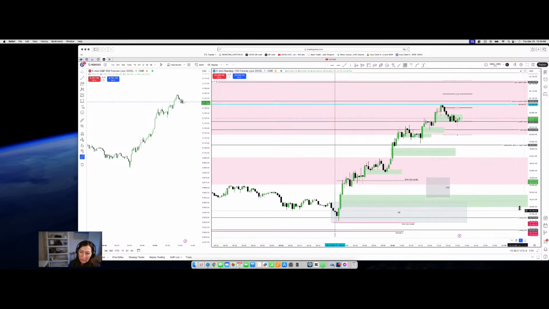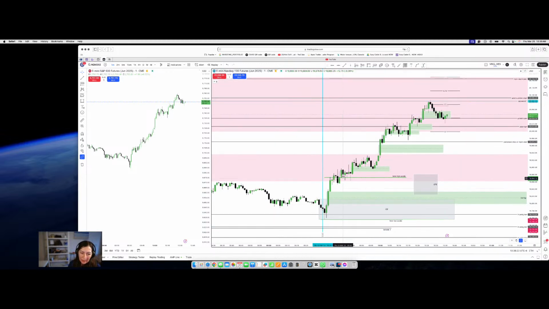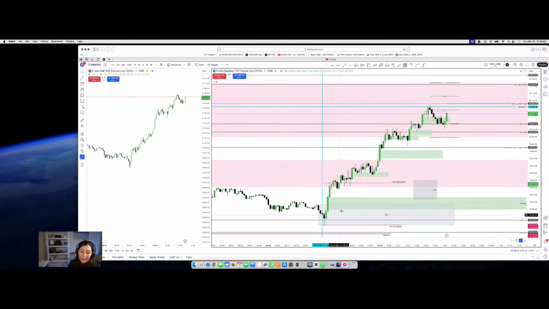But because we've been a little bit choppy moving up with these areas of accumulation in here, this is not the greatest liquidity.